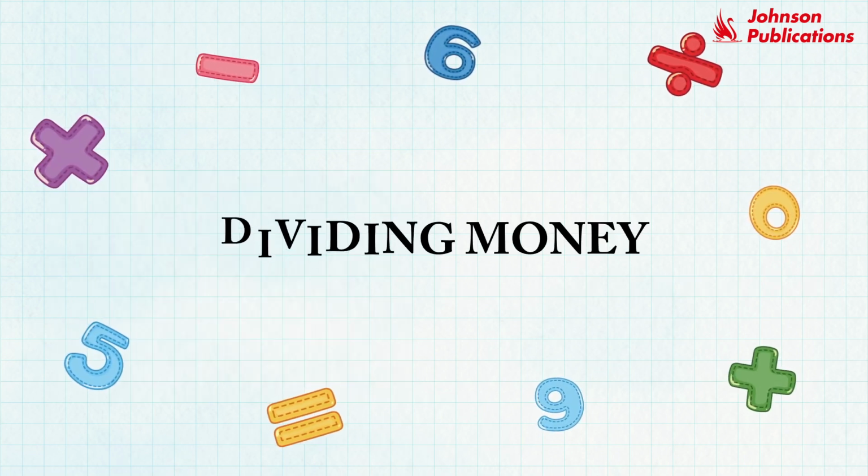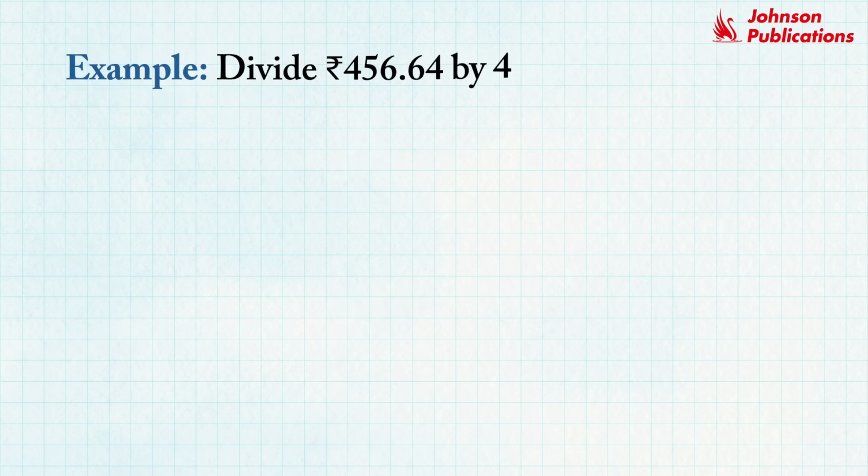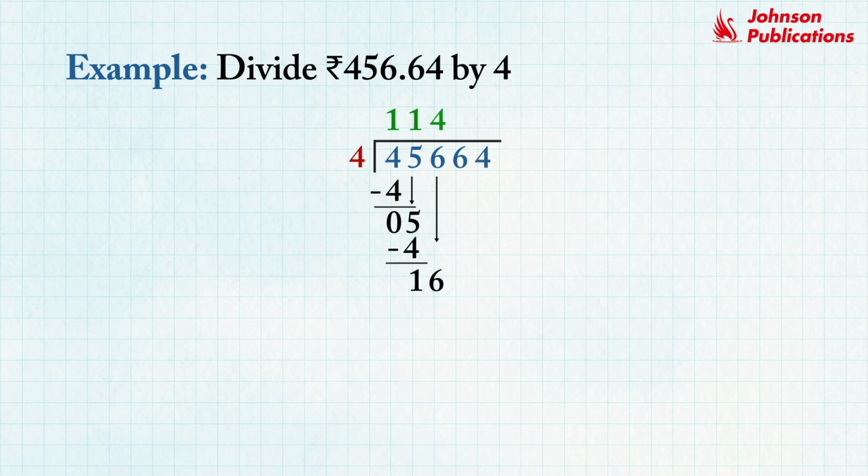Dividing money. We can divide money by removing the dot in the usual manner and putting the dot in the quotient after two places, starting from the right. Example: divide rupees 456.64 by 4. Remove the dot and divide 45,656 by 4.